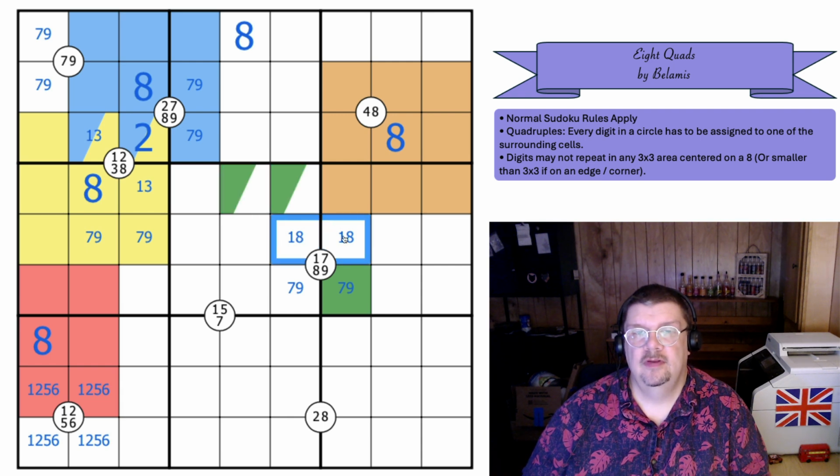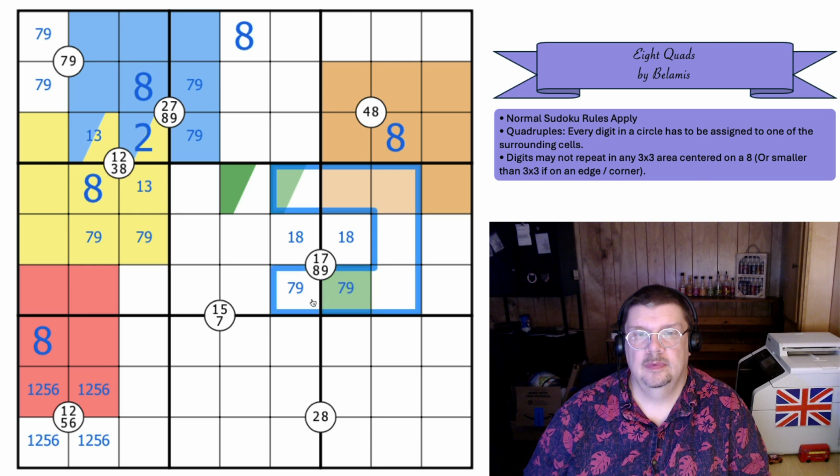Now, if we know that one of these two is an 8, if this is an 8, then this is my new region which can't have repeats. So if this is an 8, then this cannot be the green digit.